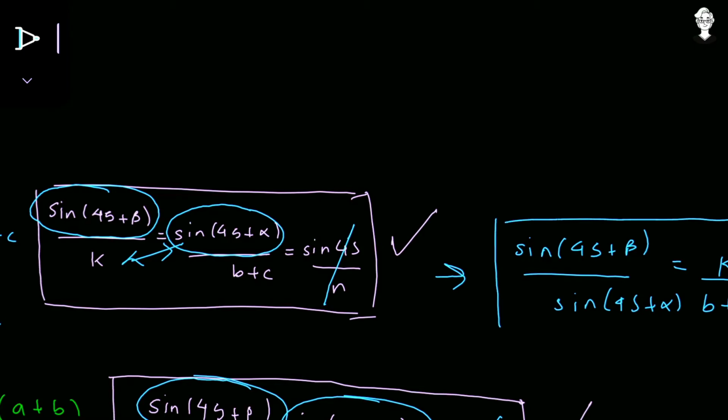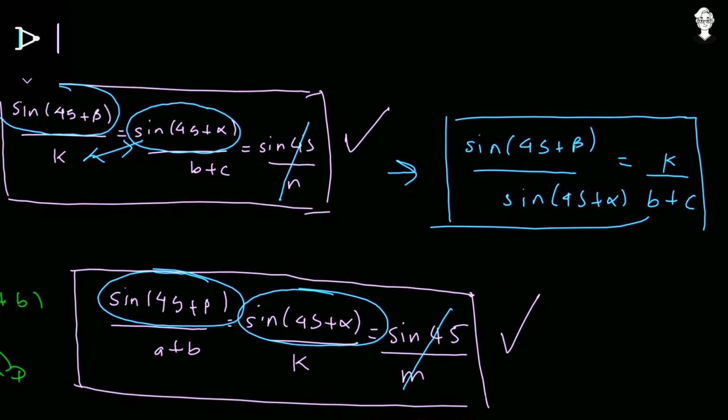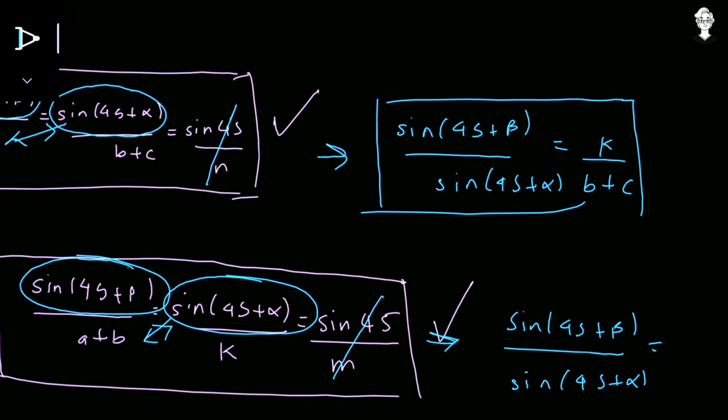Similarly in the one below, I want 45 plus beta on top, so it's already on top, I shift a plus b over there. So sine of 45 plus beta upon sine of 45 plus alpha equals a plus b upon k.